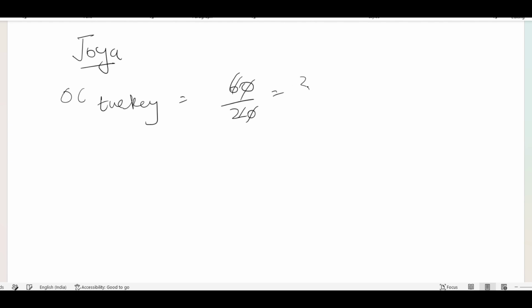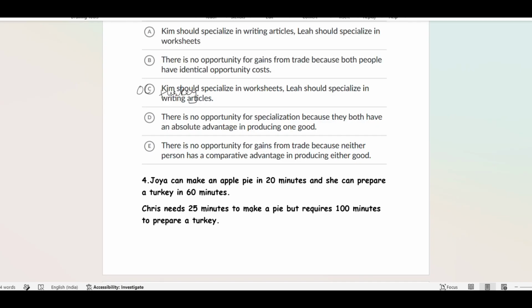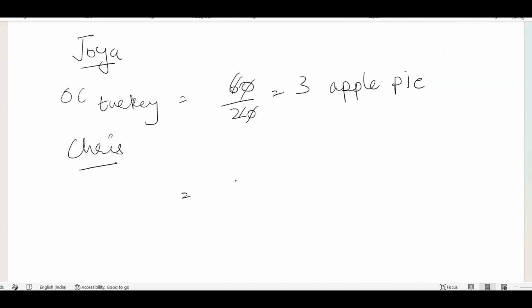That gives you 3 of apple pie. And for Chris, the opportunity cost for turkey would be 100 by 25.